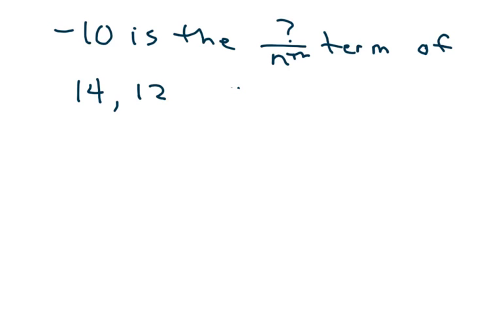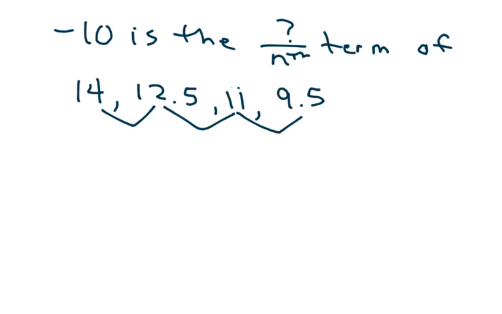I'm copying this down wrong, 12.5. I don't like this one. So our common difference is -1.5, right? You keep subtracting 1.5.